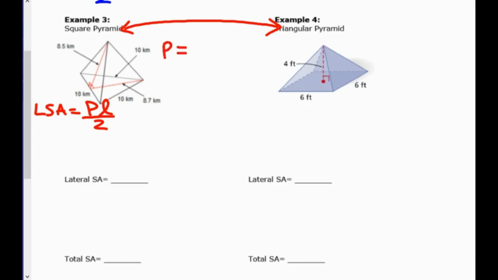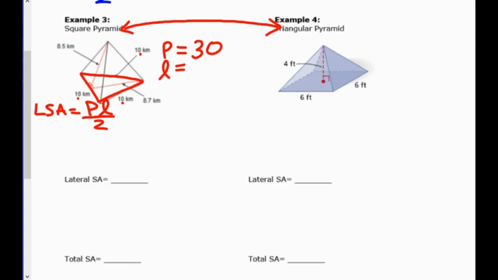P, what's the perimeter of the base? This is 10, this is 10, and this is 10. What's the perimeter? Straight up 30, right? Now, slant height. The slant height goes through the middle of the face on the side of the pyramid. So do we have the slant height on this pyramid?